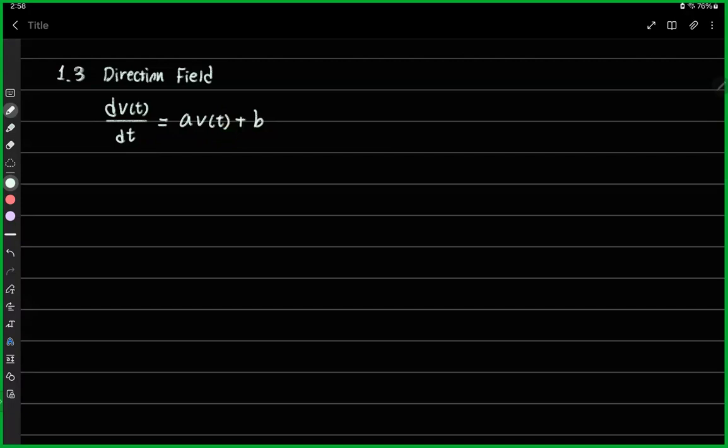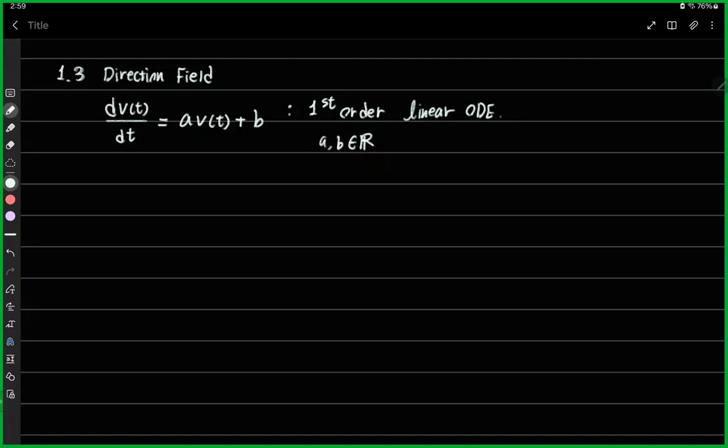So this is a first order, linear ODE. a and b belong to the set of real numbers; that symbol means belong to.